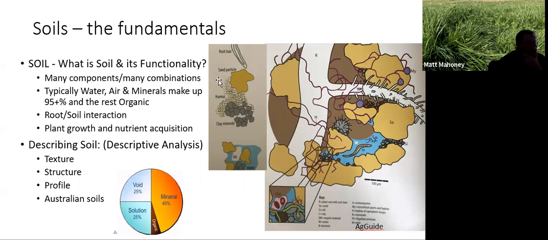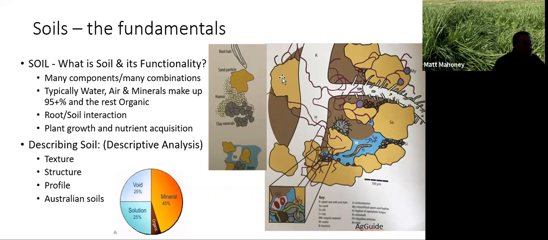vital for carrying and being able to provide nutrients to those roots. So just on those pictures on the right-hand side, we've got a root hair and the soil particles. This is the key for this larger picture, which is out of the Ag Guide, one of the prescribed books for this course. We can see a root that's growing through the soil.